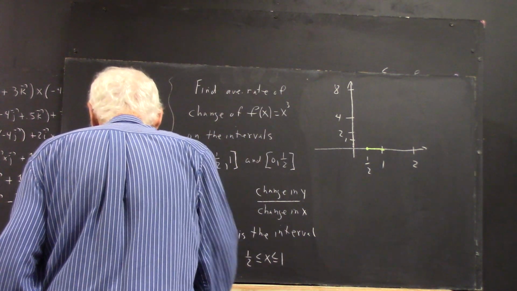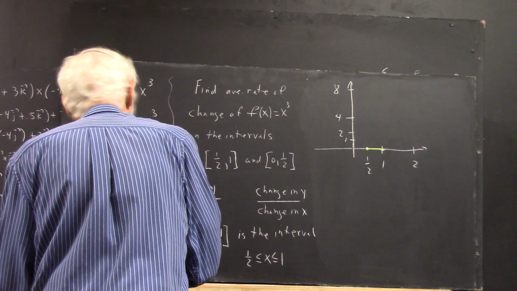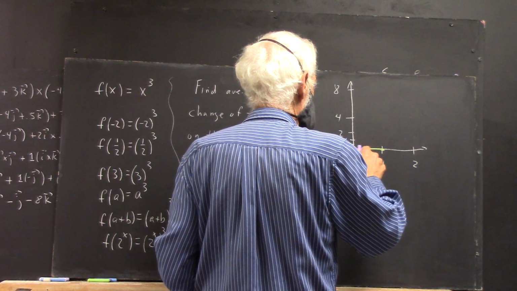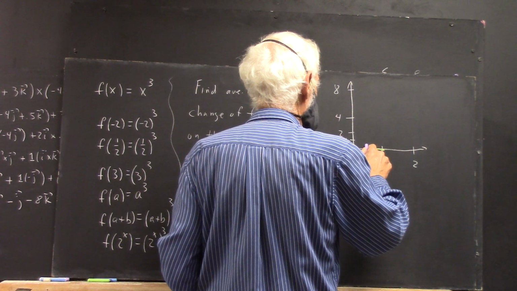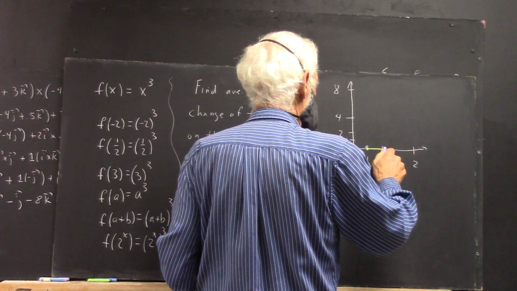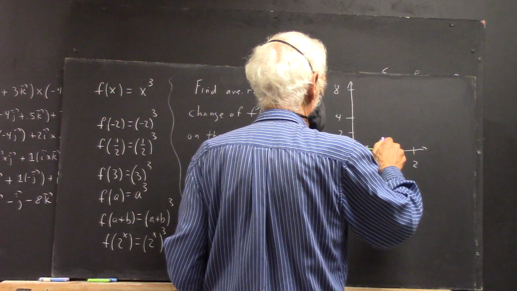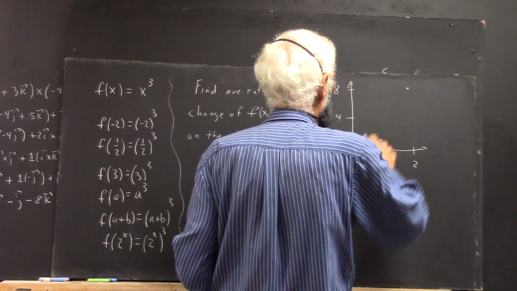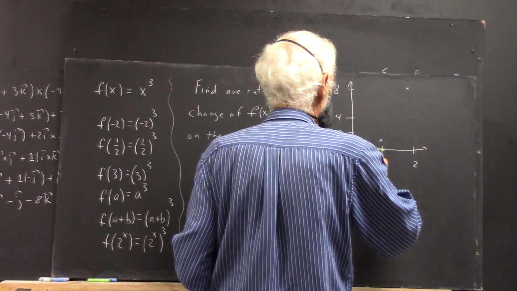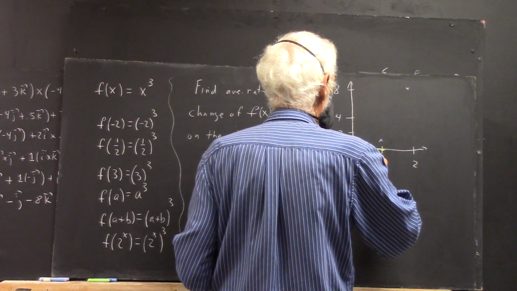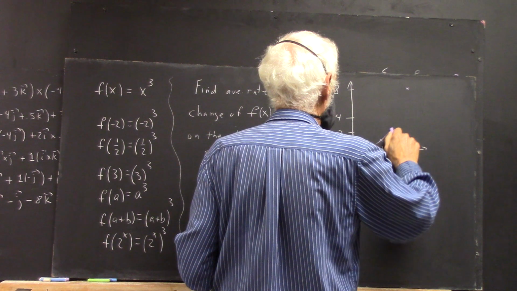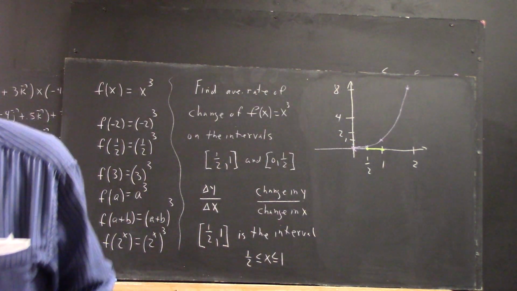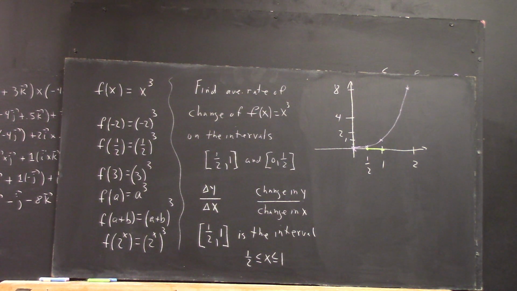And your graph points will be 0, 0, 1/2, 1/8, and 1, 1. And then, of course, you've got 2, 8.